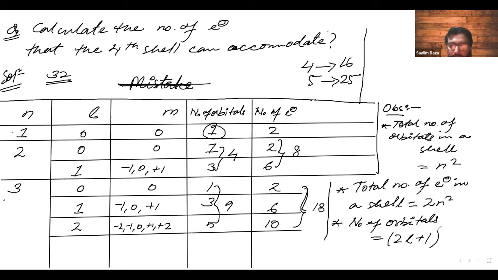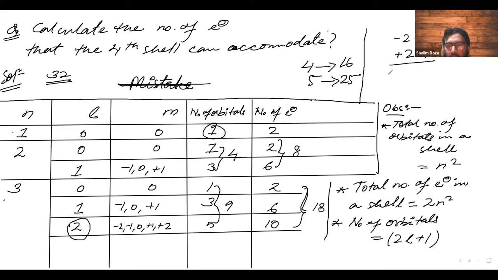How did we reach this formula? See the arrangement. If you see the azimuthal quantum number 2, which corresponds to the d subshell, you write minus 2, minus 1, then plus 1 and plus 2.